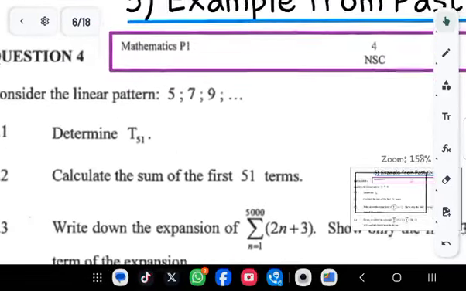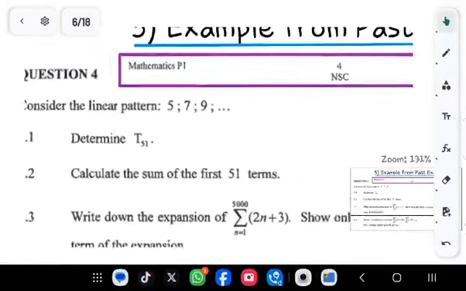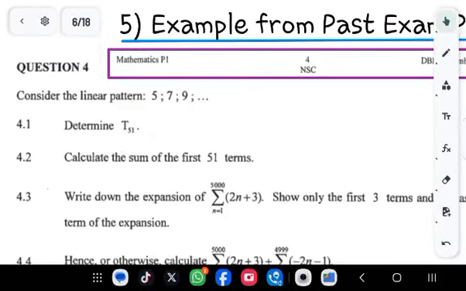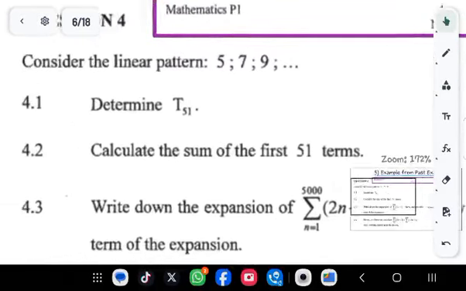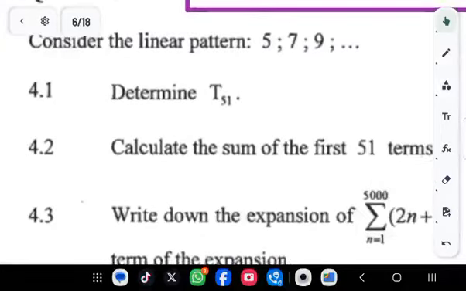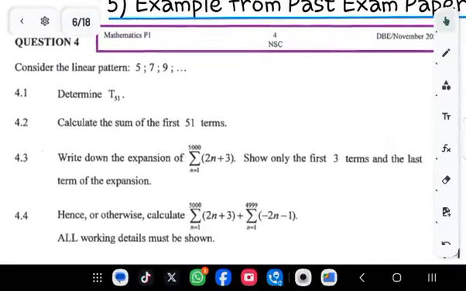Now consider the linear pattern 5, 7, 9 ... meaning that it continues. It's an infinite series, it's not finite. 4.1. Determine the 51st term, T51.